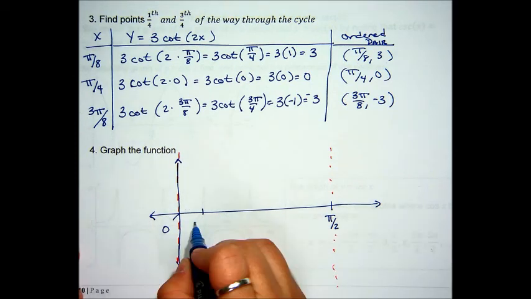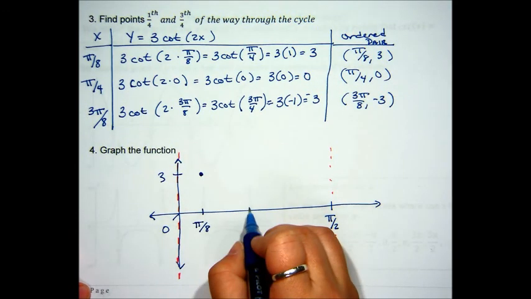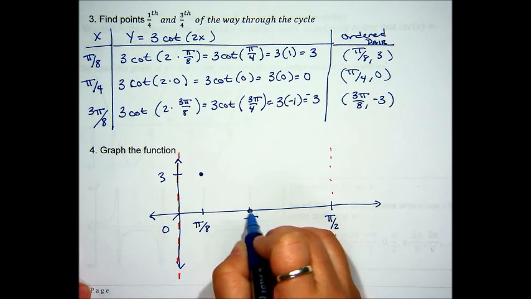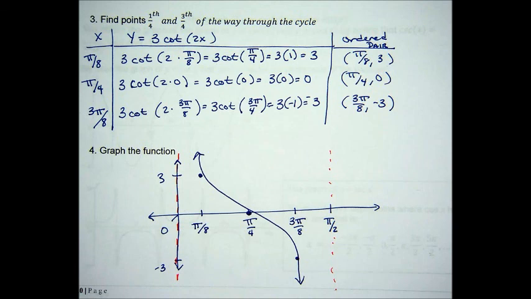Here's my asymptote at pi over 2. My 1/4 of the way through is at pi over 8, height of 3. My midpoint is at pi over 4 and 0, and my 3/4 of the way through is at 3 pi over 8 and negative 3. So keep in mind that this function looks exactly like the tangent function, except it is flip-flopped. Very good.